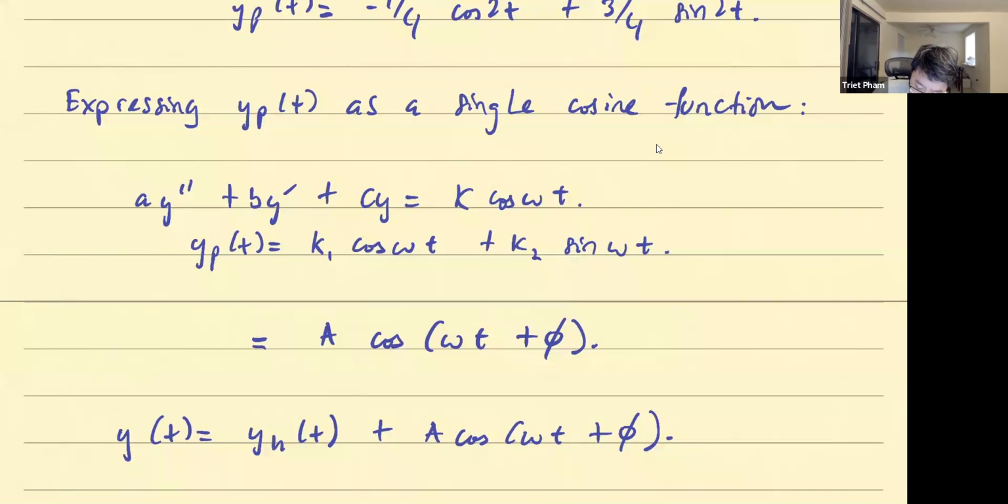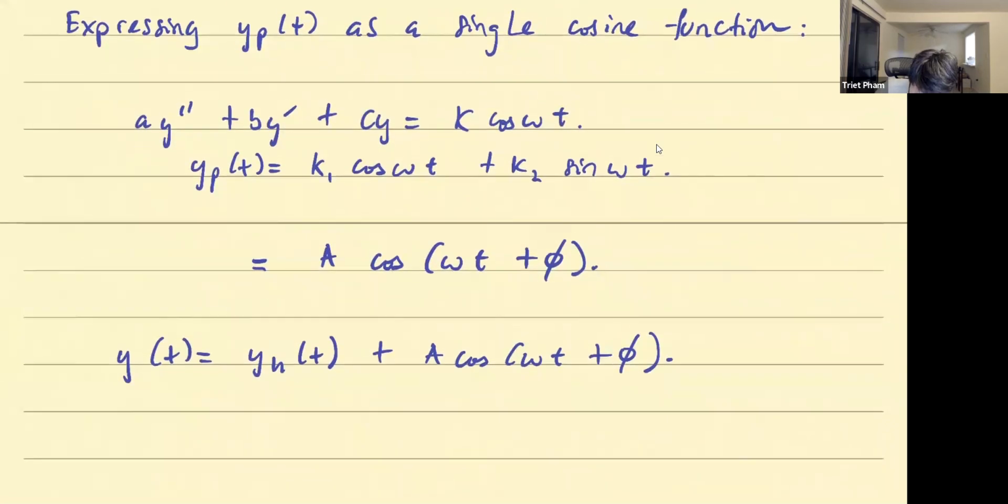The reason is this motivation. It's not just for mathematical purposes. It really has an easier physical interpretation. When A, B, C are positive, again, think of the spring mass system.